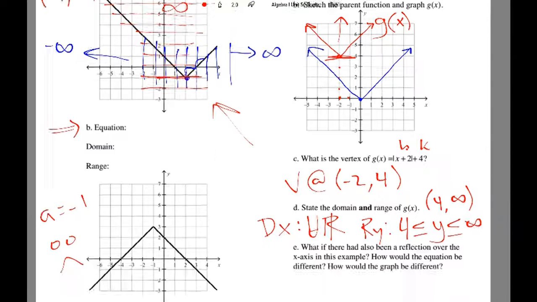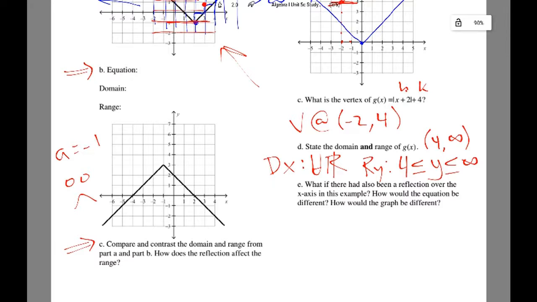Part E, what if there had also been a reflection over the x-axis in this example? How would the question be different? All right, so how would your graph be different? So basically just remember part E is just saying, well, if A is equal to -1, instead of a happy graph, you'll have a sad graph.